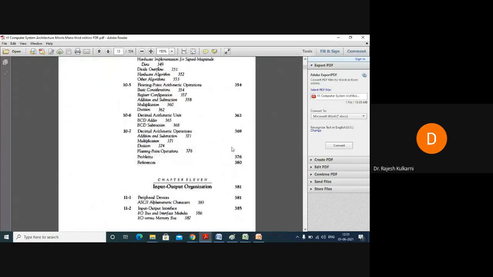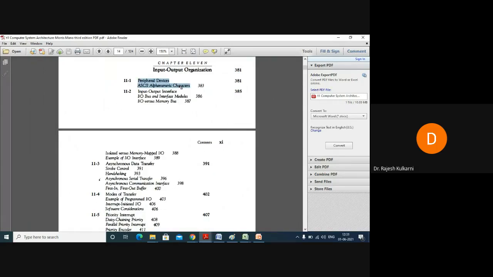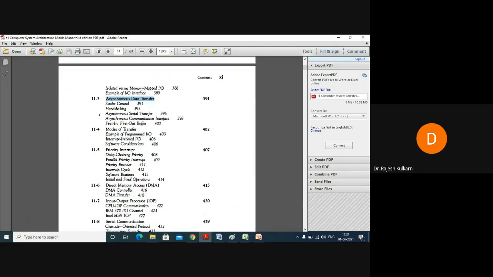Unit 2 begins from somewhere here, page number 381 of the Morris Mano book, which has peripheral devices, ASCII characters, input-output interface, asynchronous data transfer, in that you have strobe, handshaking, modes of transfer, in that you have programmed I/O, interrupt I/O.